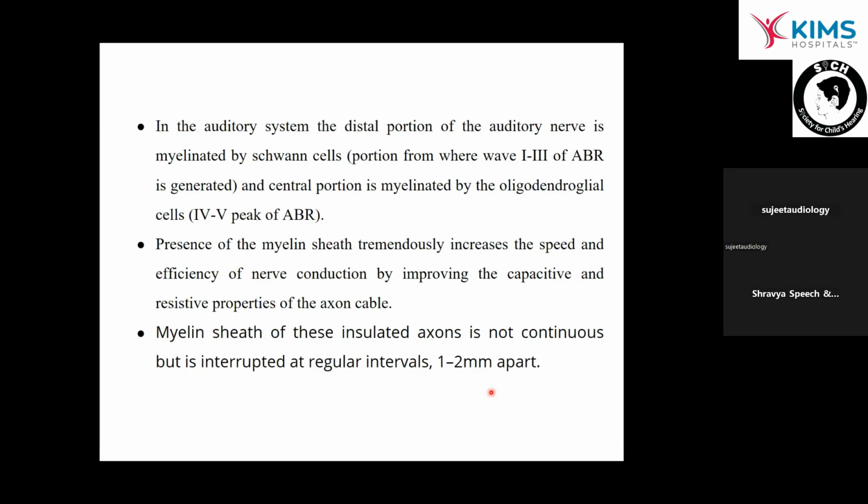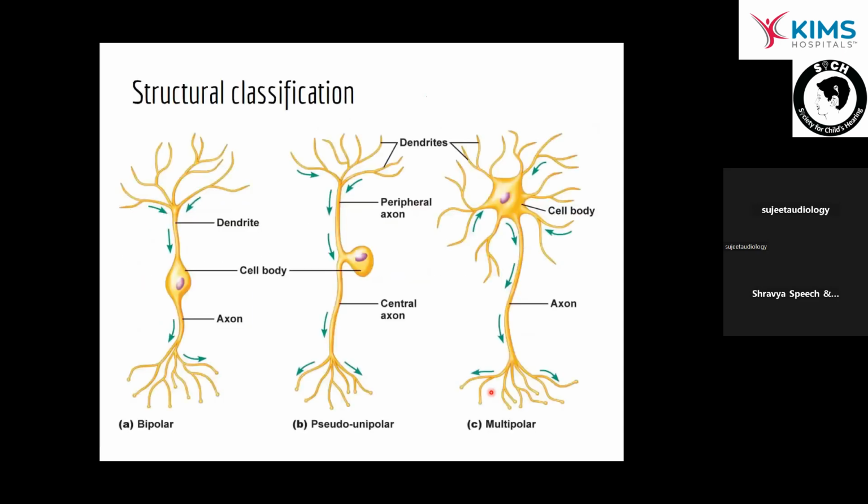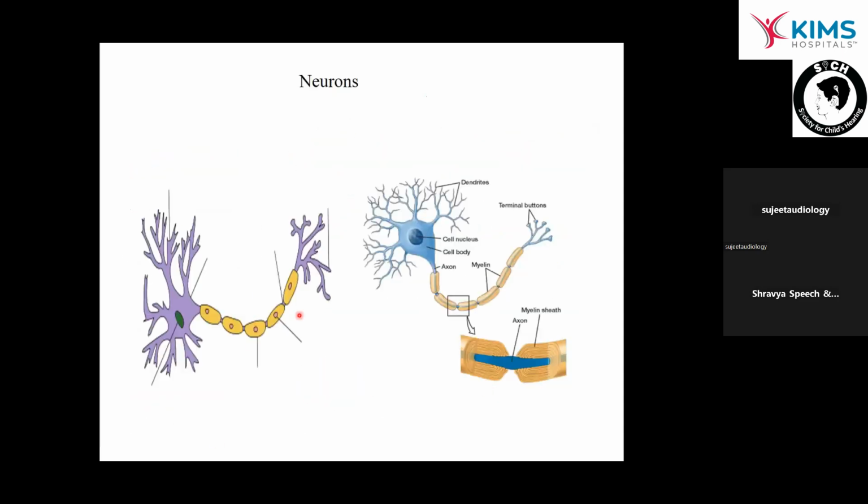And what happens is that at every gap, I'll just go back to the picture of the neurons once again. If you look at this picture, you can see there is one myelin sheath, then there is a gap, then another myelin sheath, then a gap, then another myelin sheath, then a gap.